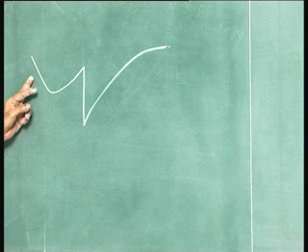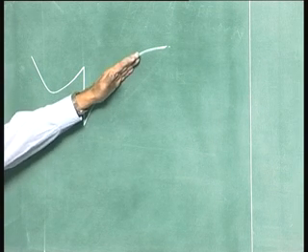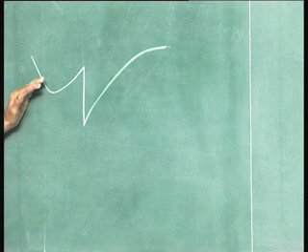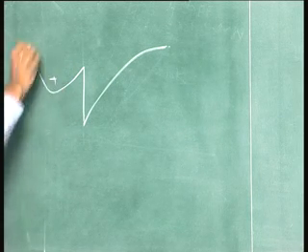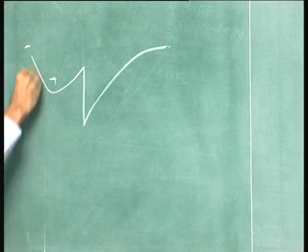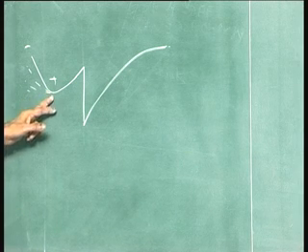I keep on reducing the voltage, make it more and more positive, this will keep on moving up, but this will actually keep on becoming flatter and flatter. This is plus minus here, I am making this positive with respect to the whole thing. So, this will keep on coming like this, and at a certain point it will open up here.